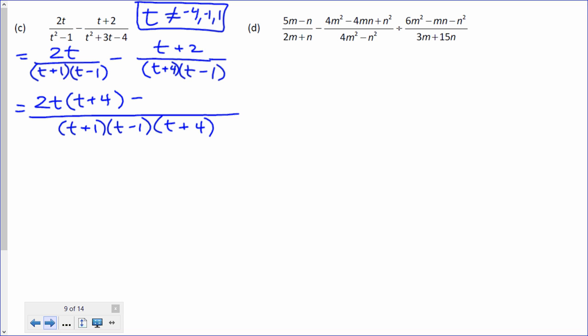Now, I have a t plus 2 in the numerator. Already I'm getting a little antsy. You need to put it in brackets, or else things are going to go kooky on you. You're going to lose a sign, or signs are going to go wrong, or you're going to think you're distributing only the 2. So if there's anything in the numerator that's more than a monomial, put that piece in brackets.